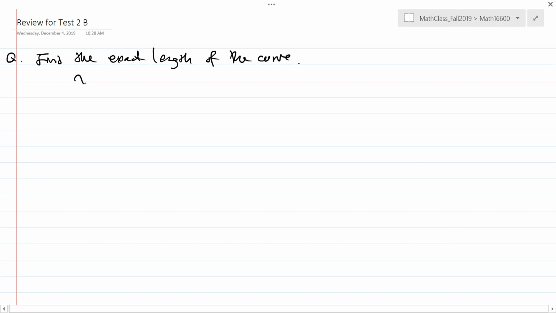The curve is given by the equations x = t squared over 2 minus half of t, and y is just equal to t.